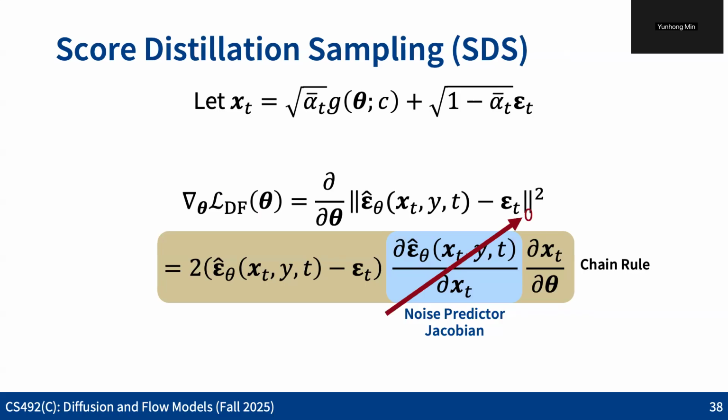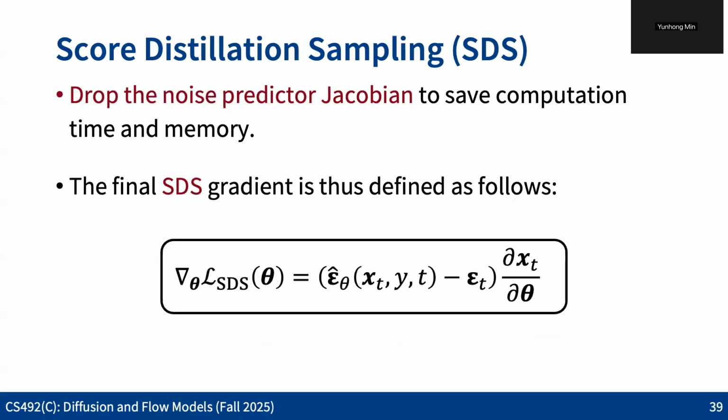The reason we want to omit this is that it is the most expensive part of the computation, because we need to compute the gradient for all the parameters of the neural network, right? So we want to skip this to speed up the computation. So this becomes the final gradient for the visual content zeta here.